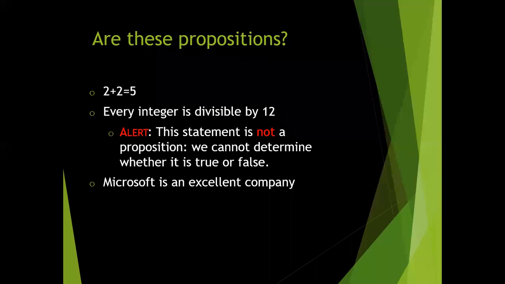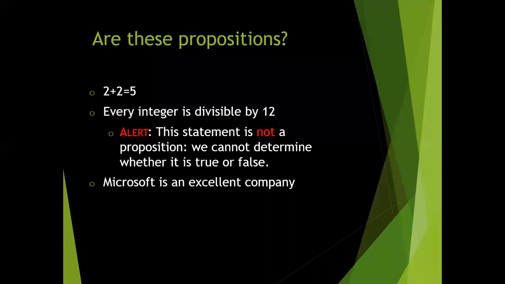Now let us think about the next example, which is very interesting too. Every integer is divisible by 12. What do you think about it? We have to start thinking about integers like 12. 12 can divide 12 and 24, but not every integer is divisible by 12, like 5 and 10. So here are circumstances where for some values this statement is true, and for others the statement is wrong.